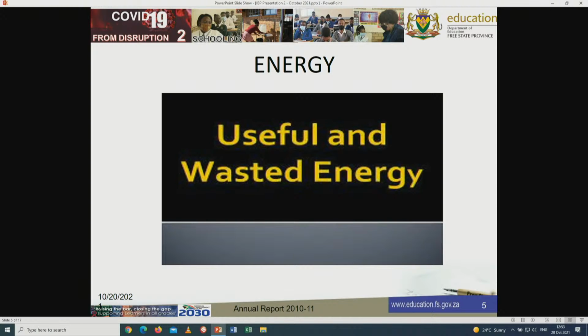Energy can be useful and also wasted energy. Once it is useful, in other words, it is used for the work that it is supposed to be used for.